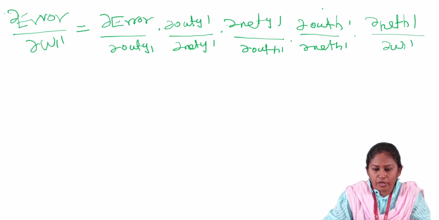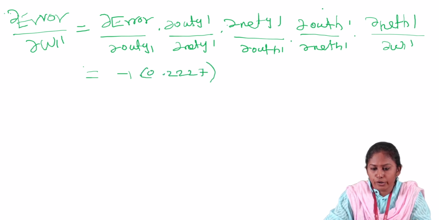So this is what we are going to calculate now. Most of the values we have already calculated; this one we calculated in the forward pass, and similarly this also, 0.2227.